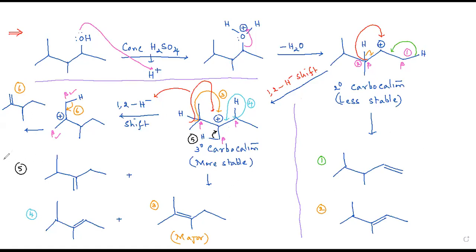Now, of course, this is the second variety. So there are different possibilities. Check this out carefully. But interesting is this, the major product, the more substituted or the Zaitsev product.